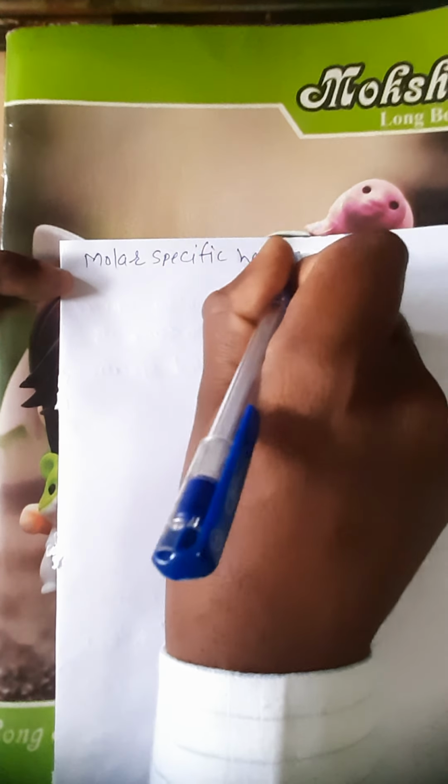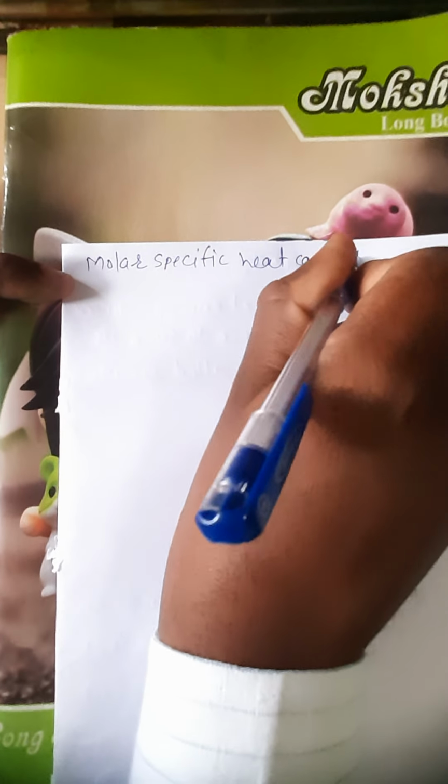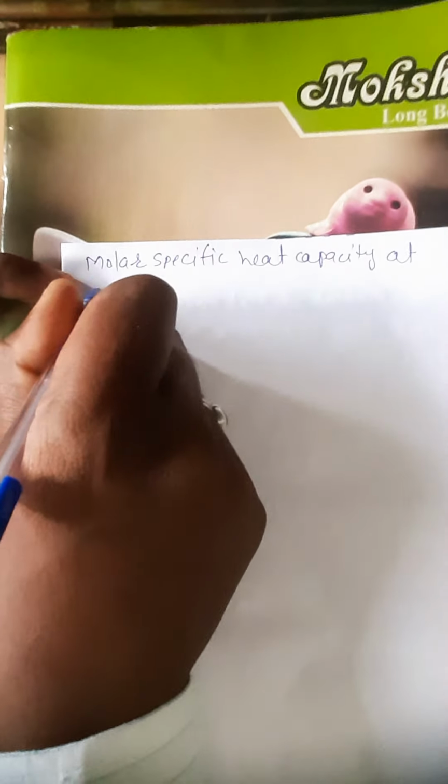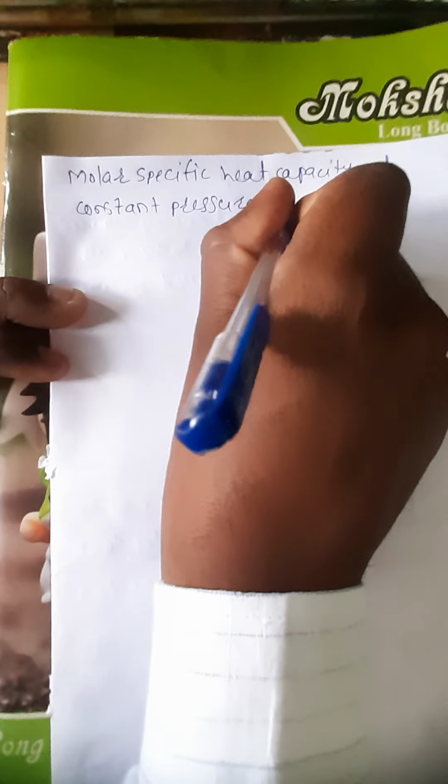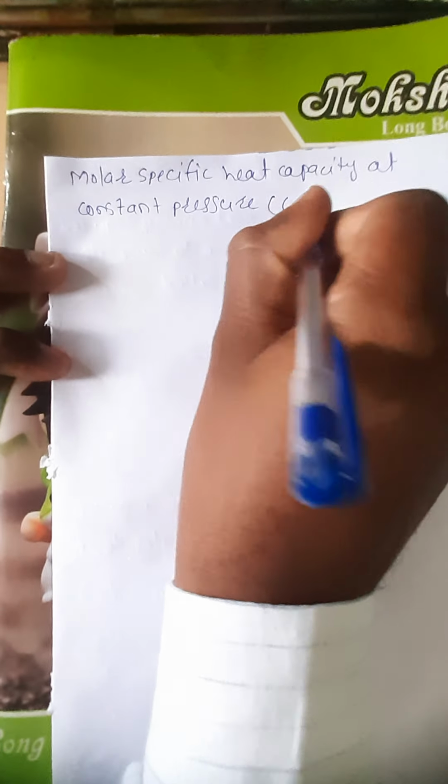Molar specific heat capacity at constant pressure. During the process we have to keep pressure constant, and it is denoted as Cp.